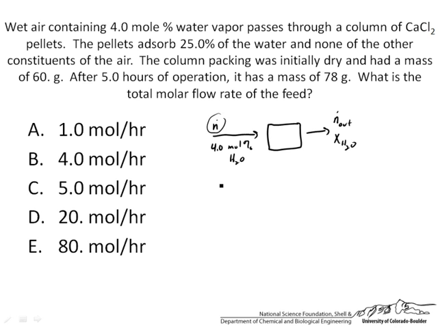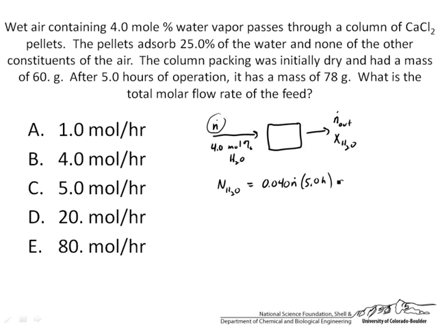The amount of water that's accumulated inside the semi-batch operation, absorbed on this calcium chloride, we'll call NH2O, and that's equal to the amount that came in during the 5 hours, so 0.040 times N dot times 5 hours, minus the total amount that came out.